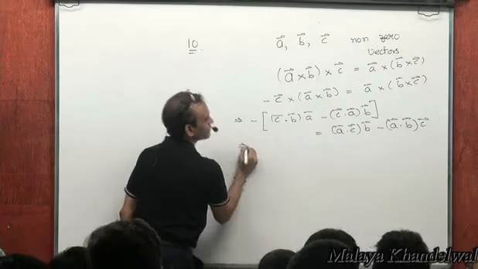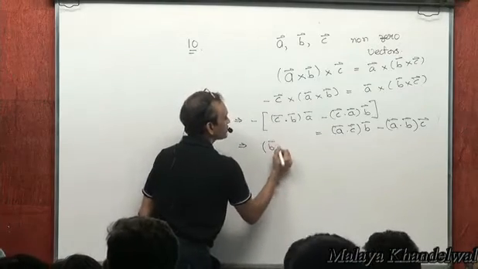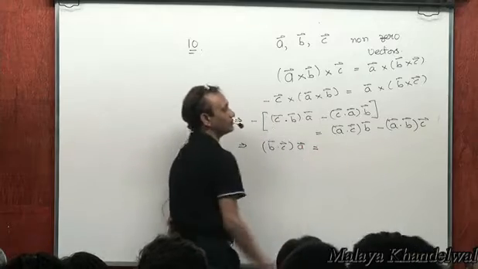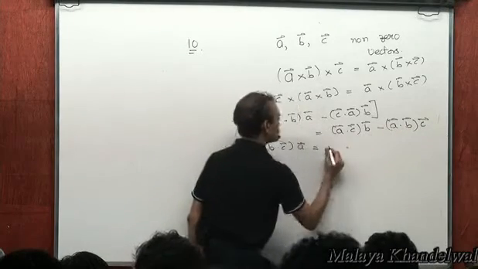You are then left with B dot C into A equals A dot B into C.